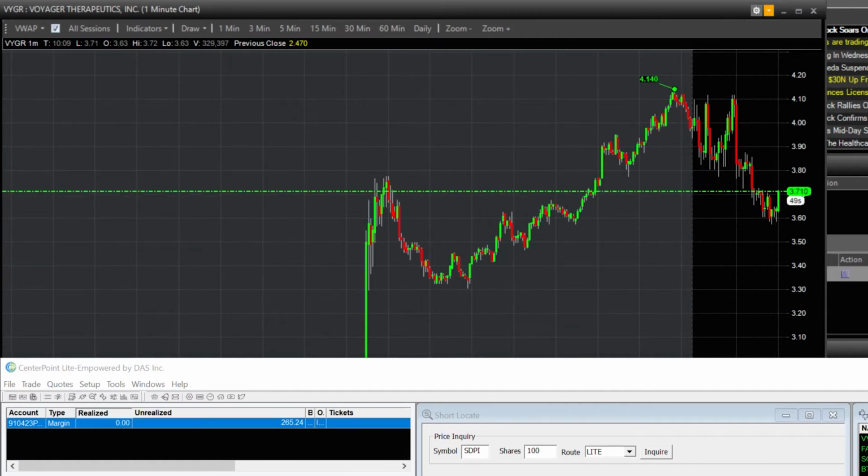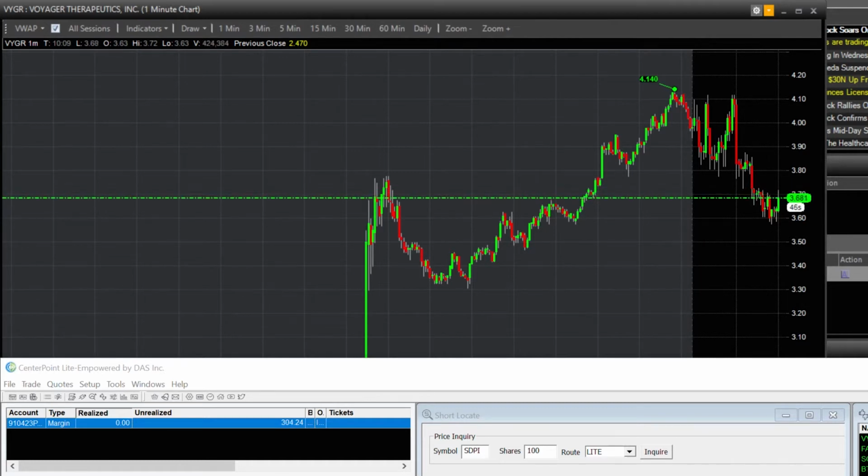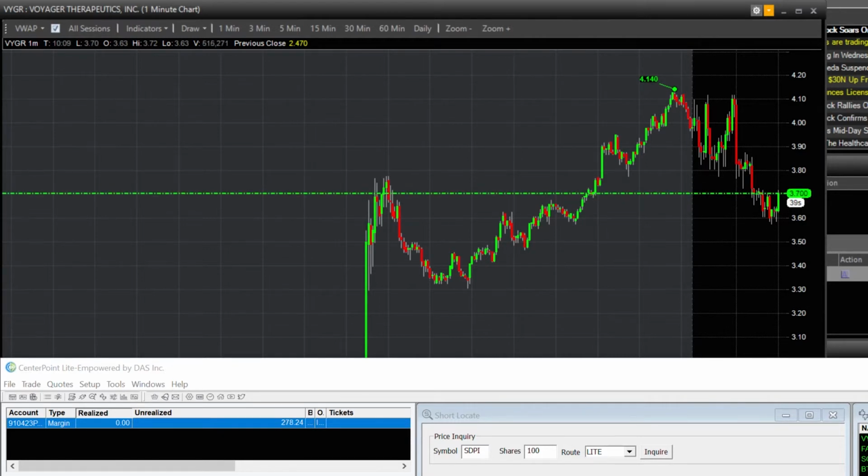It's just how the math works. So when the market is crashing, it's better to dip buy, and when the market is going up, you'll have a lot of these short opportunities. And looks like it's spiking.